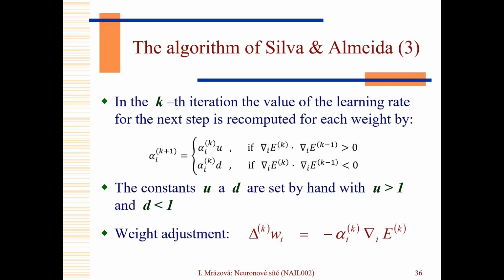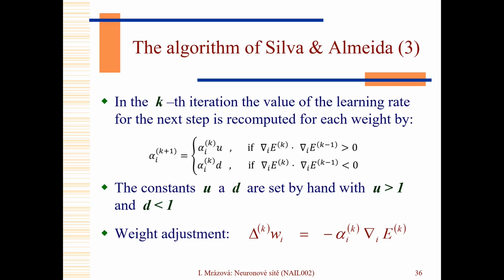Hence, in the kth iteration, the value of the learning rate for the next step shall be recomputed for each of the weights by the following formula. So the value for alpha i at the iteration k plus 1 shall correspond to the previous value of alpha i at iteration k times u.